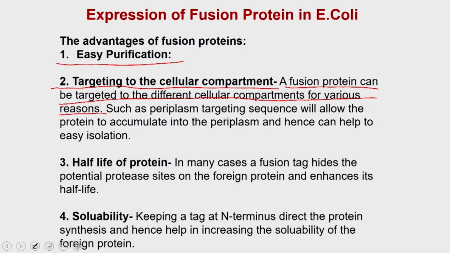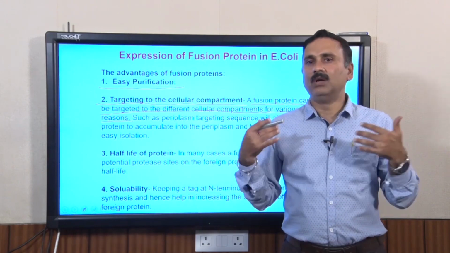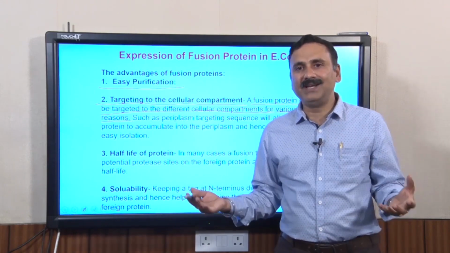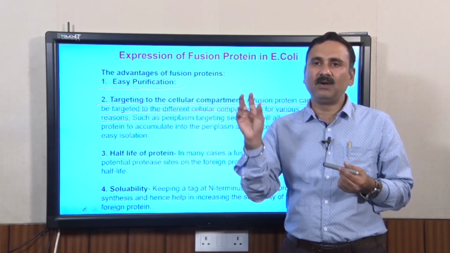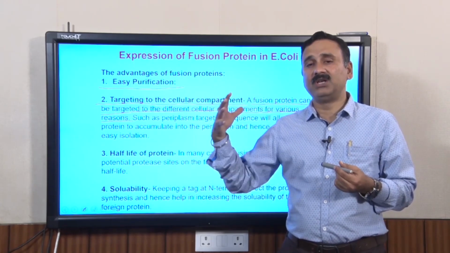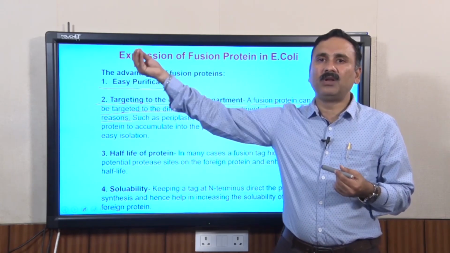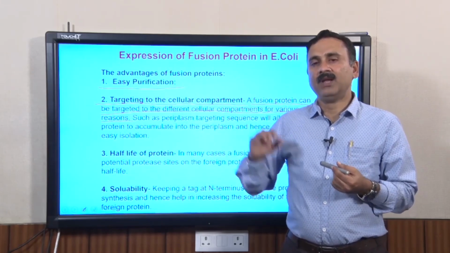For example, if you want to overexpress your protein in the mitochondria, endoplasmic reticulum, plasma membrane or some other specific site, you can put that particular kind of tag, and once the tag is present, the machinery will recognize it, and that is how the protein will go to that particular site within the cell.